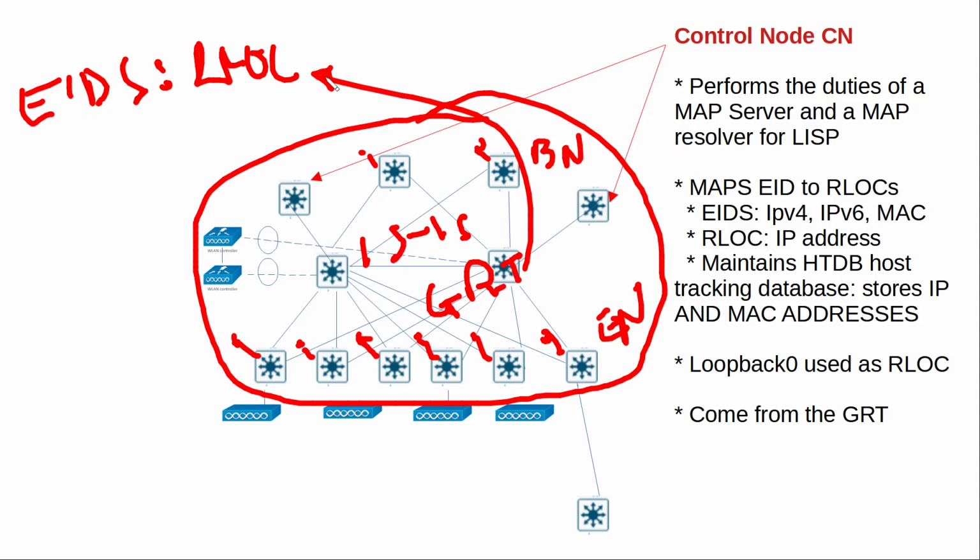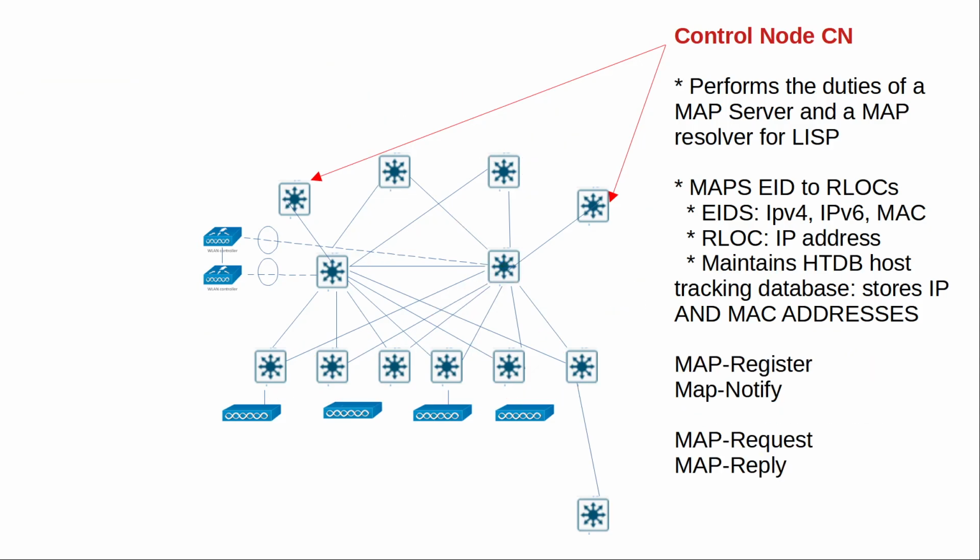So the RLOCs must exist in the global routing table coming from the underlay. Now that we have explained where the endpoint IDs and the RLOCs are going to come from, let's examine how the host tracking database is built.